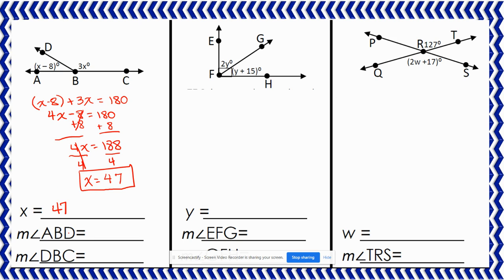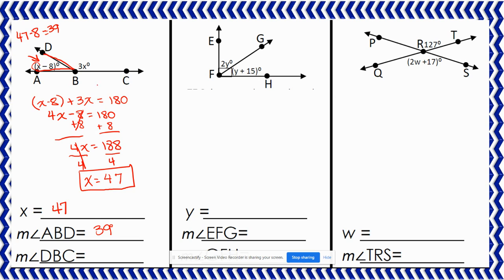To find the measure of angle ABD, so ABD is from here to here to here, so that's x minus 8. I'm going to plug in 47 for x, so this is 47 minus 8. And when I do 47 minus 8, I get 39. So the measure of angle ABD is 39 degrees.